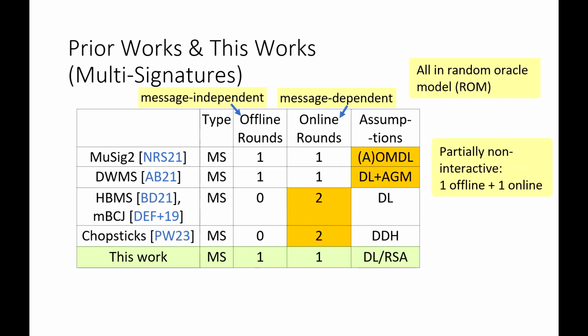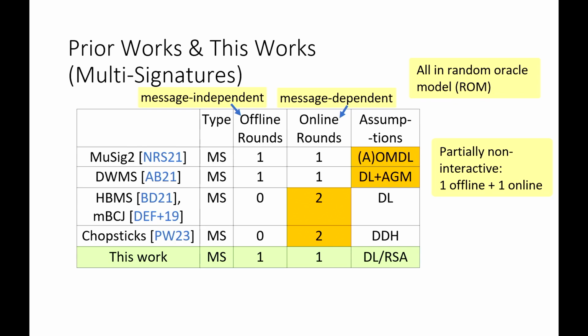Currently, the best we can do is one offline round plus one online round, which is also referred to as partially non-interactive. However, in order to achieve this, we require either the algebraic one-more D-log assumption or the algebraic group model, which we want to avoid.